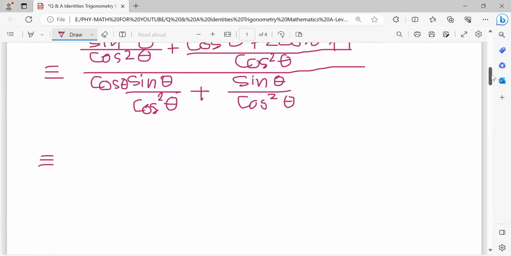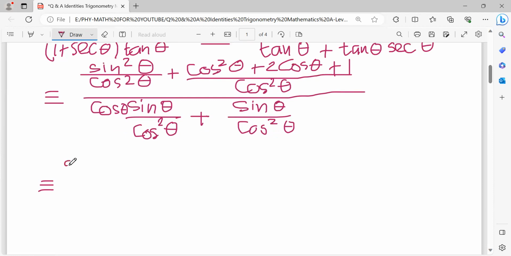Sine squared theta plus cosine squared theta becomes 1, so 2 cosine theta, and plus 1 as well.